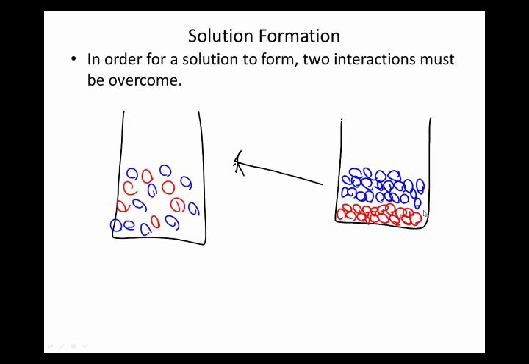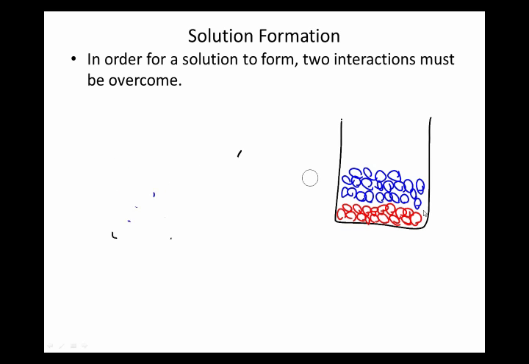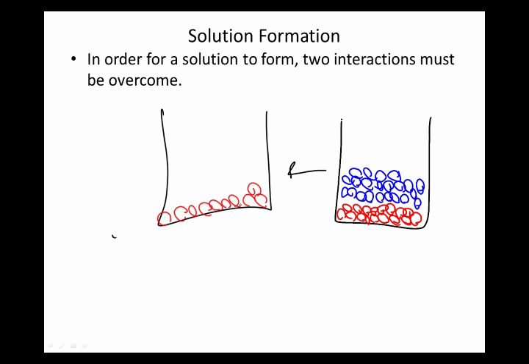So imagine it happening in these steps instead. Imagine that first, step one, here's my solute down here, right? Now imagine that first I have to pull apart the solvent to make room for the solute. So imagine I have to yank it apart.